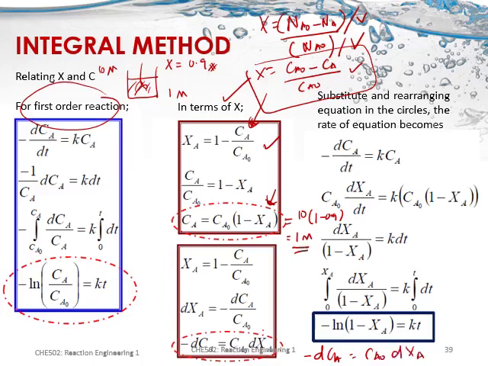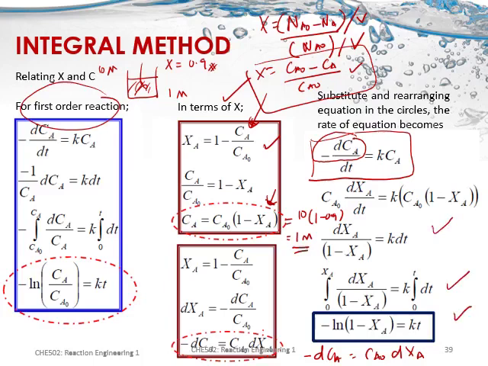So this is the relationship whereby if you have this kind of equation and you want to have it in terms of X, what you are going to do is substitute negative dCA with CA naught dXA and then do the integration. Okay, spend some time on how to do the integration for the equation in terms of X.